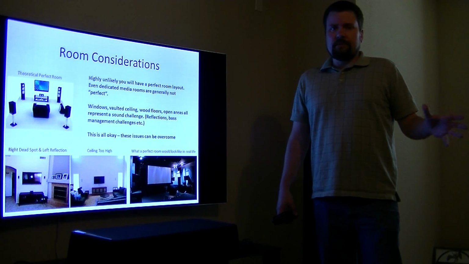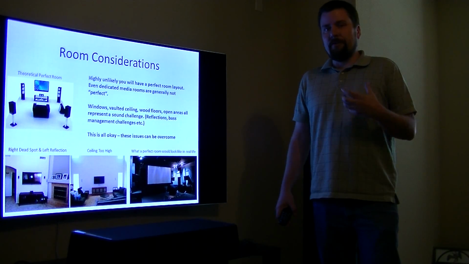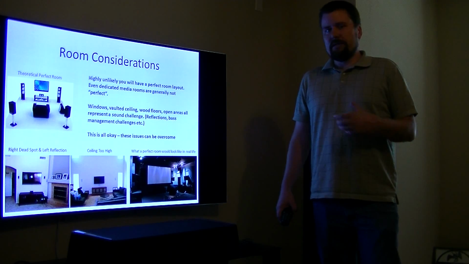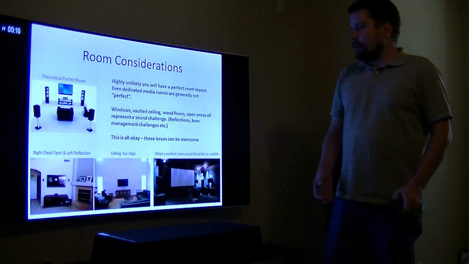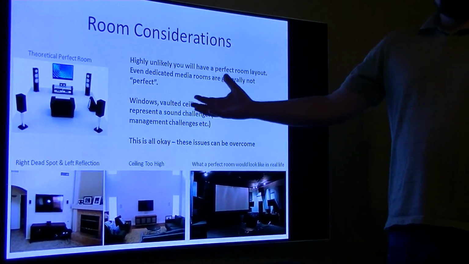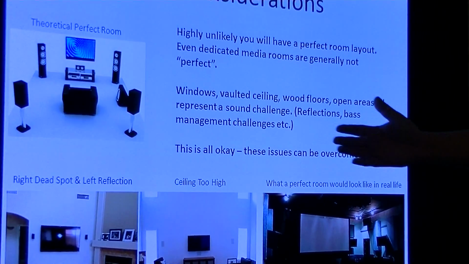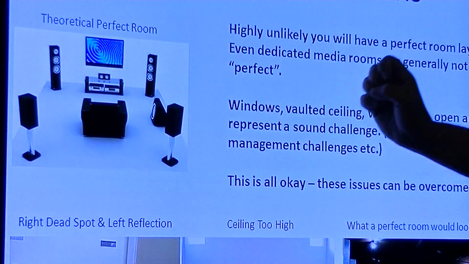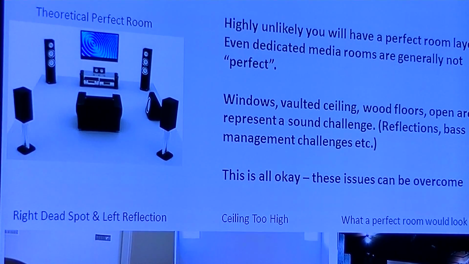When doing surround sound, you have to take into account the effect of the room on sound. Sound bounces off walls and ceilings and all the like. When you think about a theoretically perfect configuration, you see these sorts of diagrams where everything is perfectly laid out with no realistic room.